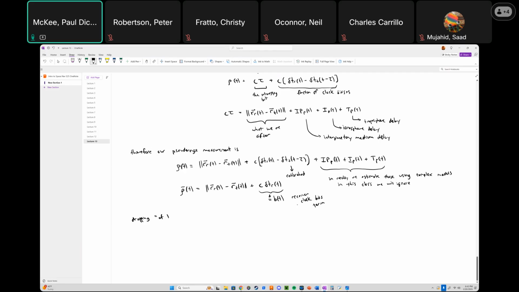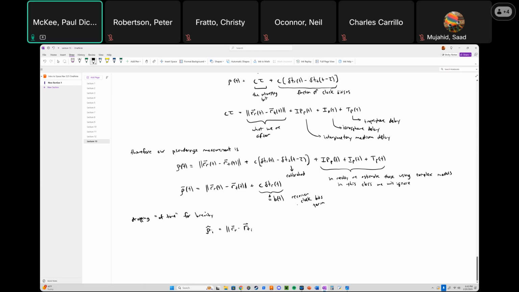Okay, so finally, dropping the dependence on time for brevity, kind of writing of t, right? Then we have a problem that looks like this. Rho sub i tilde, our pseudo range measurement, is R minus, so this is RR minus RT, or I guess in the nomenclature of our toy problem, this would be R minus PI.